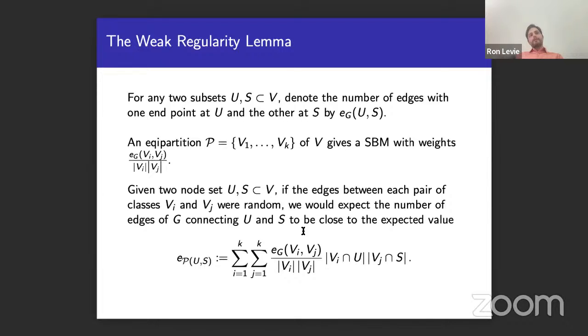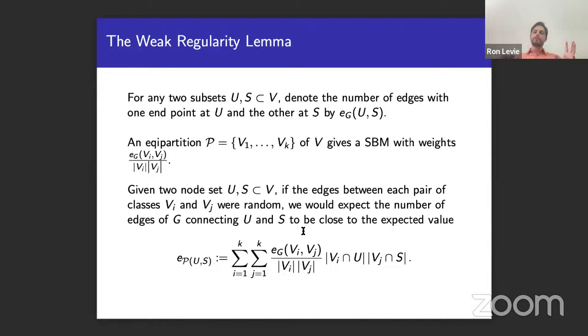Okay, so let me describe one variant of the lemma, which is called the weak regularity lemma. It was proven in 1999 by Frieze and Kannan. I think it's a very nice lemma, so it's worth going through all of the definitions and the construction, and it's also relevant for this talk.